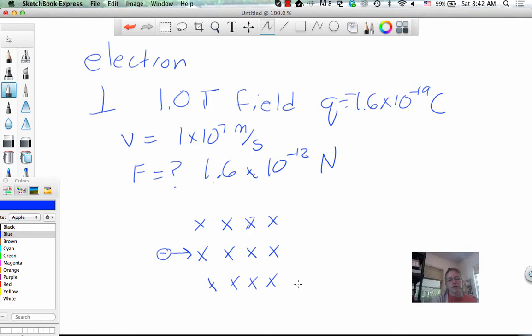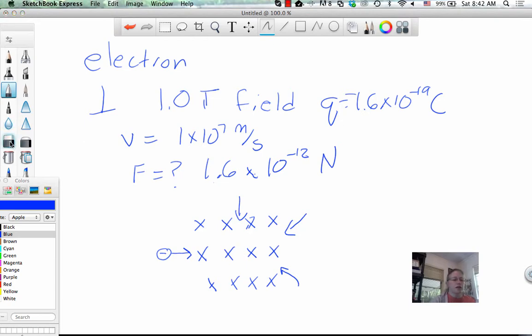Does it matter which direction it moves? Yes, it still will be perpendicular in all of these cases.